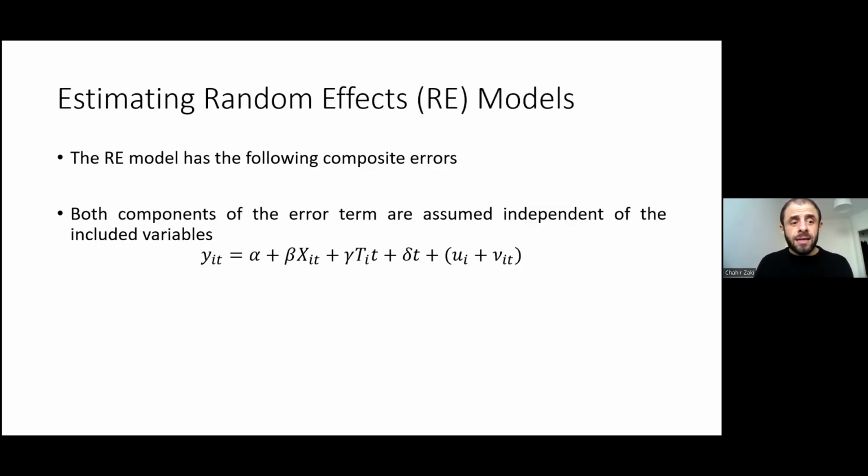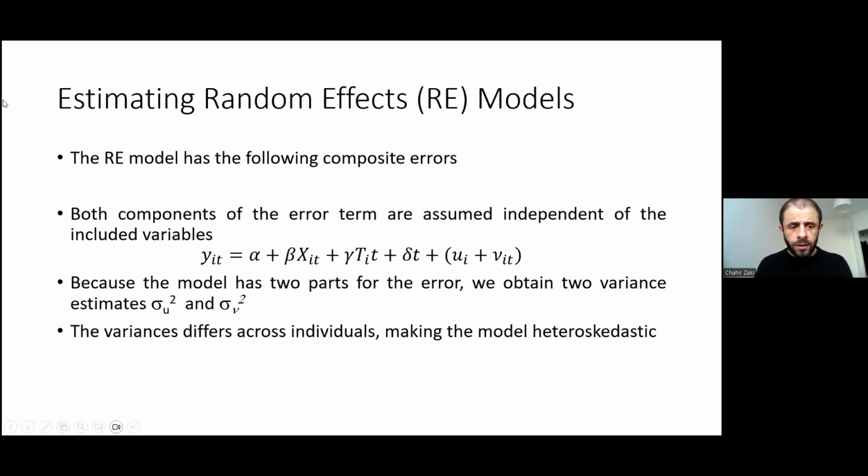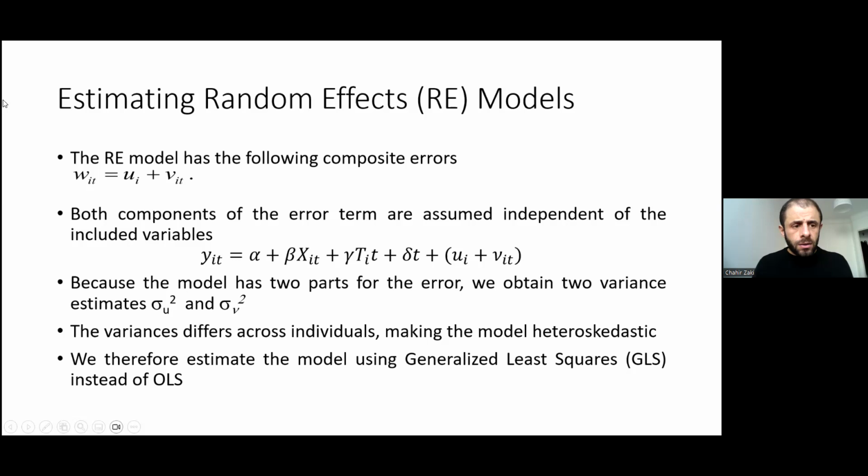So as I said, the random effect model has the following composite error that includes the u_i and the v, as you can see here. So we have the u and the v that are the two components of the error term, which means that the variance of the error term will include two variance estimates, sigma u for the first one and sigma v for the second one.